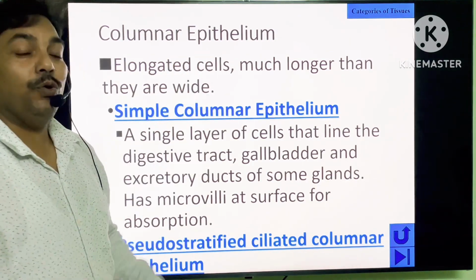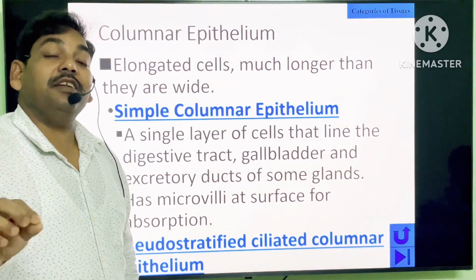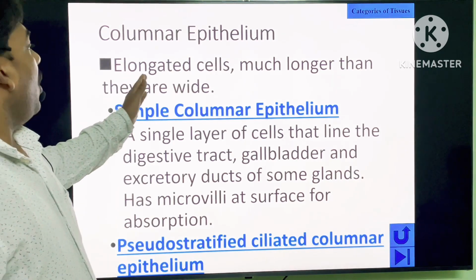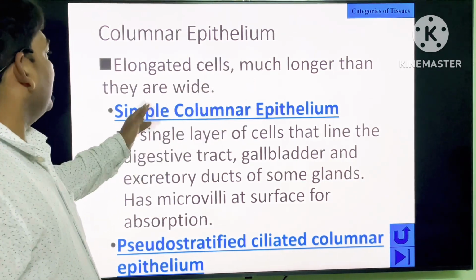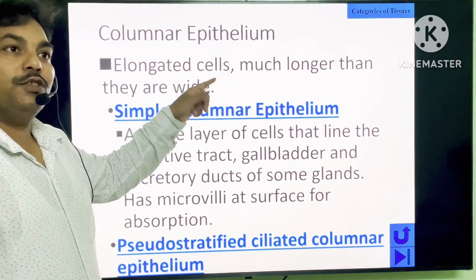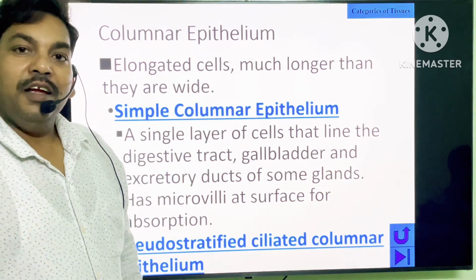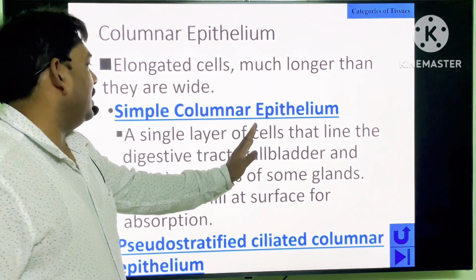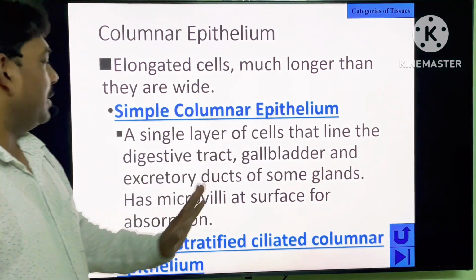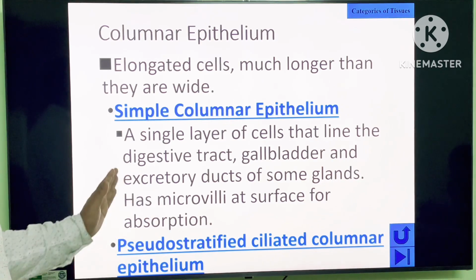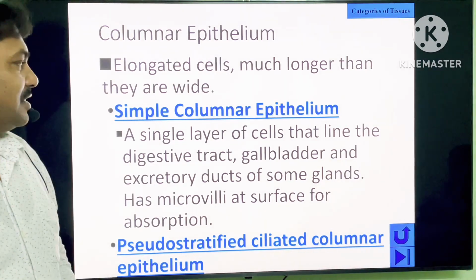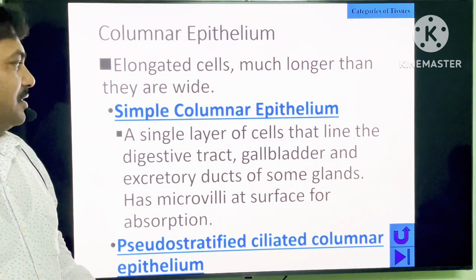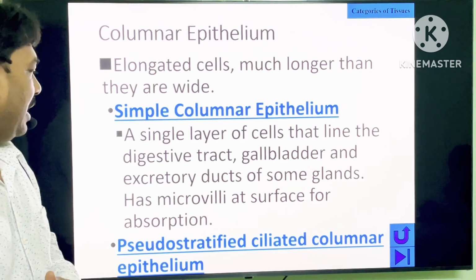Columnar epithelial tissue is elongated and much longer than squamous and cuboidal cells, and they are wide. Simple columnar epithelium is a single layer, lining the digestive tract and gallbladder and the excretory ducts of some glands.